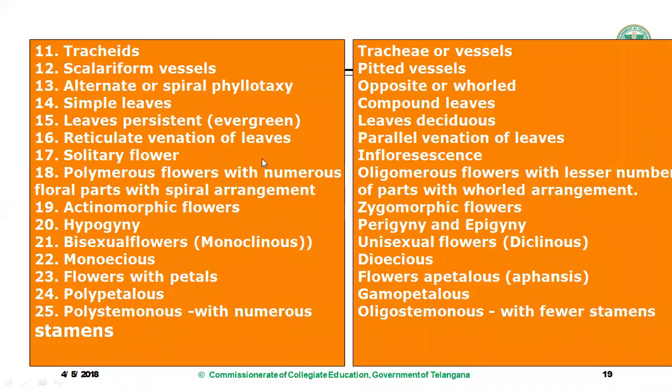A plant having a solitary flower at each node is a primitive character. Instead of a single flower, if it produces an inflorescence, that is the advanced character. Bisexual flowers are primitive and unisexual flowers are advanced. Polypetalous condition is primitive and gamopetalous condition is advanced.